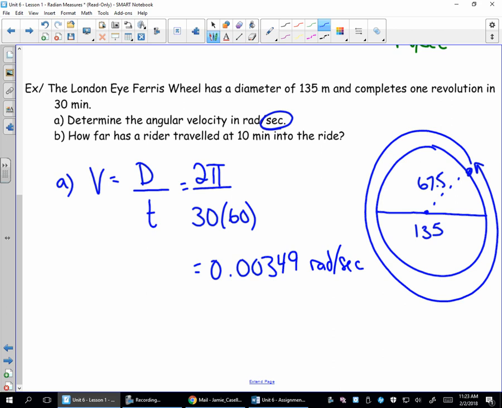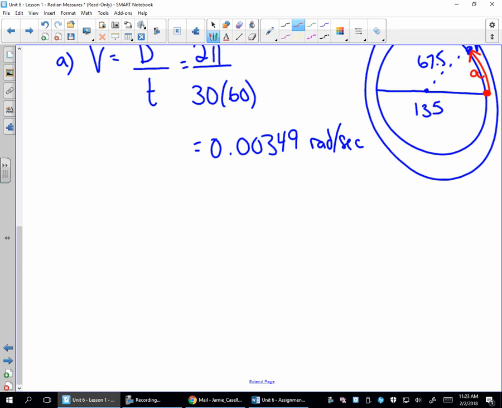Why is that good to know? Well, it's really good to know for what we want to do in part B. I want to know how far the rider traveled at 10 minutes into the ride. So at the beginning, they got on the Ferris wheel, right? Let's pretend it's there, and they've traveled this far in 10 minutes. Well, that's my arc length.